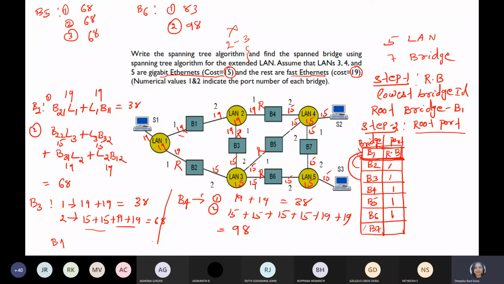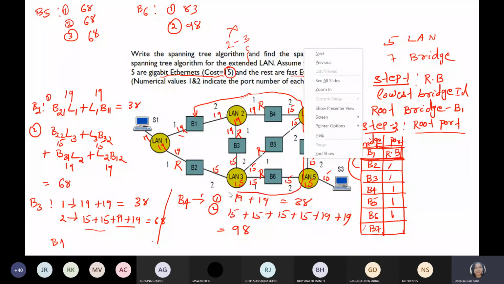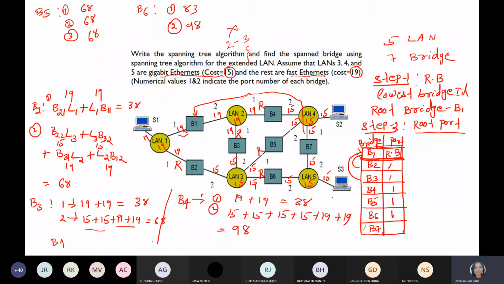Then last, B7. B7 has two paths again. This is one path, and across the outline is one possible path, or you may take internally also, guys.